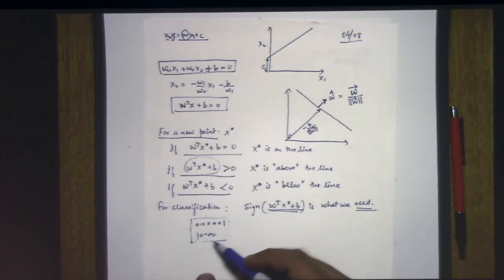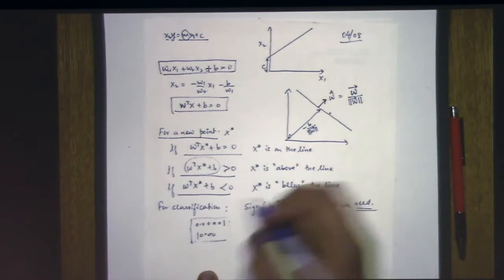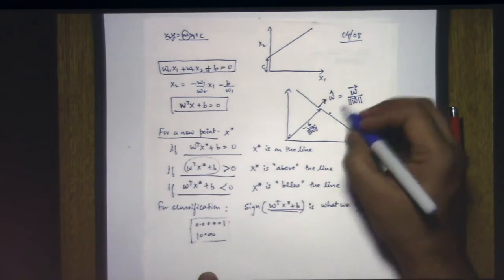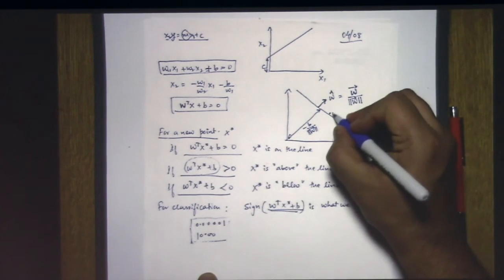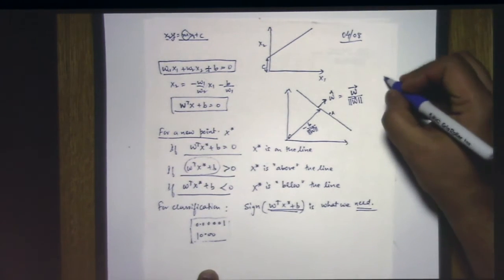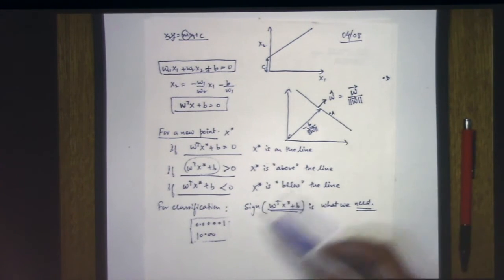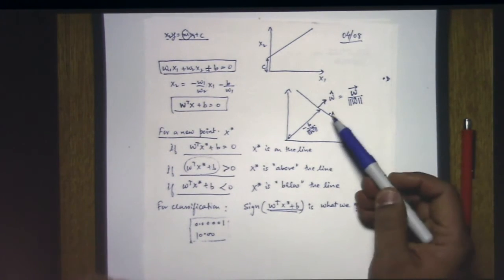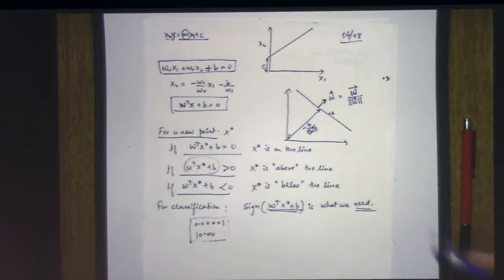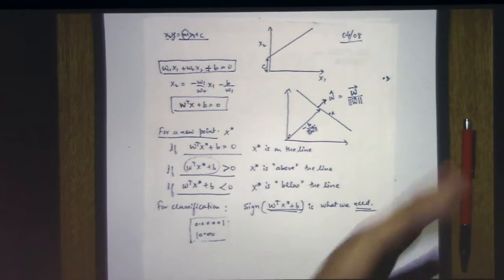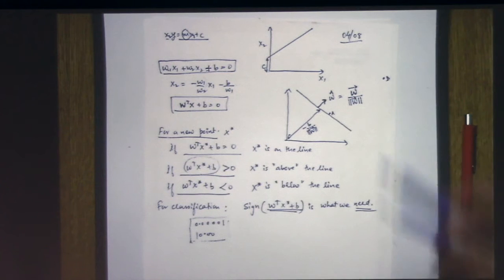So if there is a point right here, for which this value is 0.0001, let's call it A, and there is a point right here, B, when you get these values you would know that we are less confident about A being positive than B. Which means that the magnitude has some value. You want the magnitudes to be large.